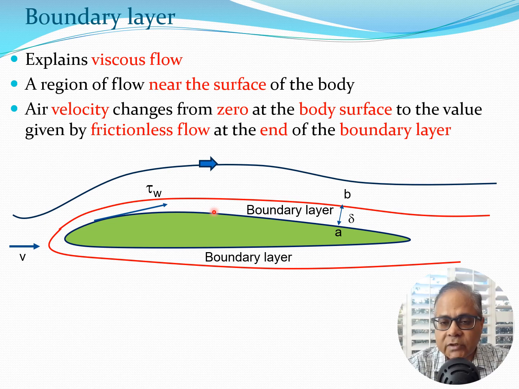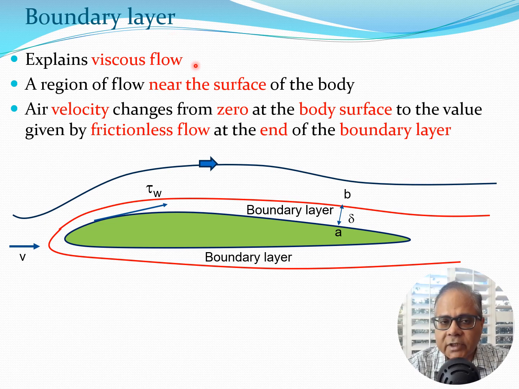We have just shown this for clarity and to make a drawing. Now there is going to be a shear stress present because of the boundary layer and viscosity at the surface of the airfoil, and this is the reason why we get something known as skin friction drag. So the boundary layer concept was introduced by Prandtl, and this explains viscous flow.